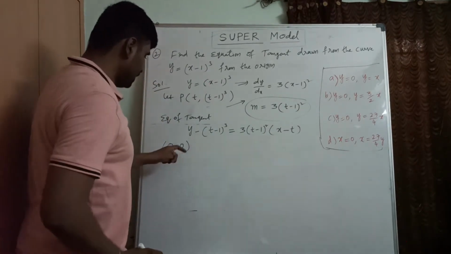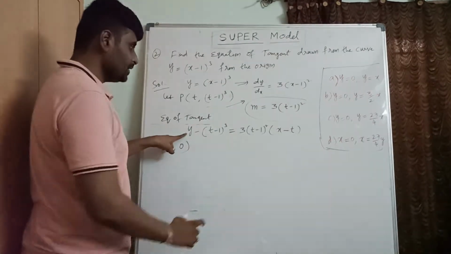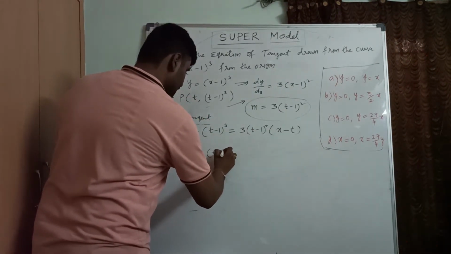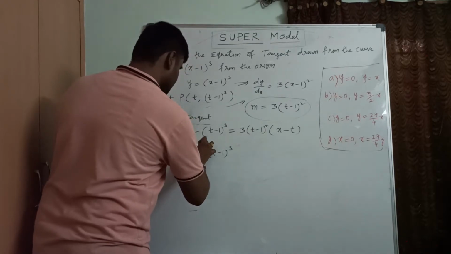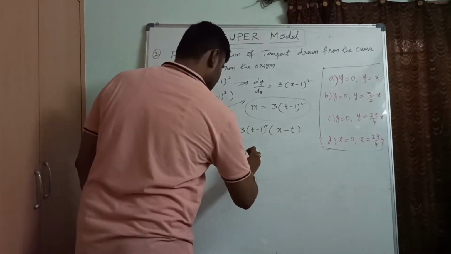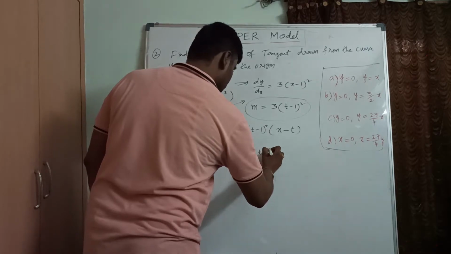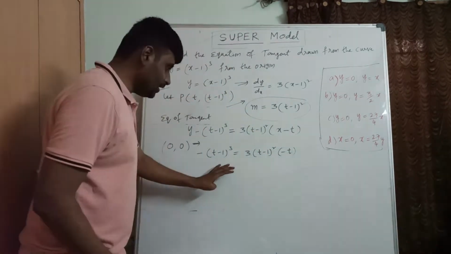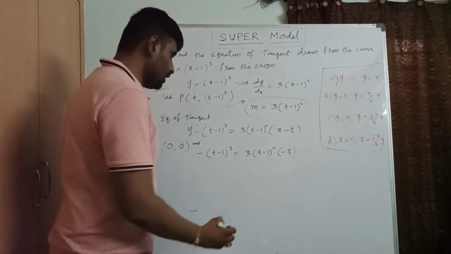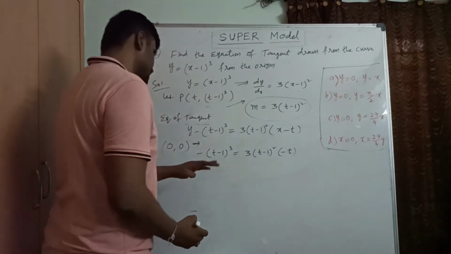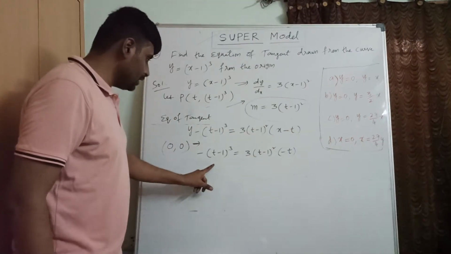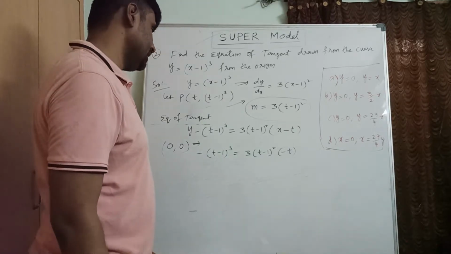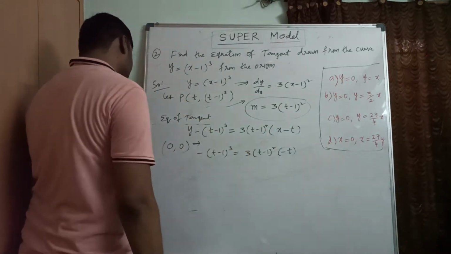Substitute x as 0, y as 0. 0 minus (t minus 1) whole cube equals 3 into (t minus 1) whole square into minus t, correct? Here, (t minus 1) whole cube, (t minus 1) whole square, we can cancel there. But what will be the correct option there?